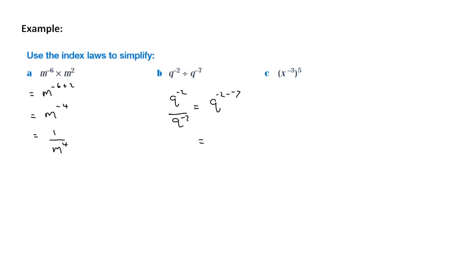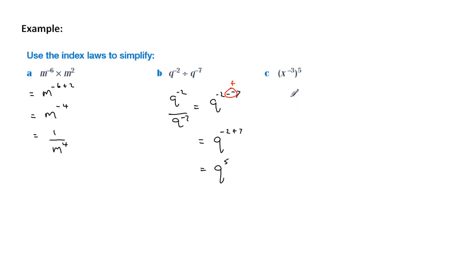As you can see here, when you've got two minuses together, a minus and a minus number, that will give us a plus. So we end up with q to the minus 2 plus 7. And finishing this off, minus 2 plus 7 gives us a positive 5, and there's our solution.